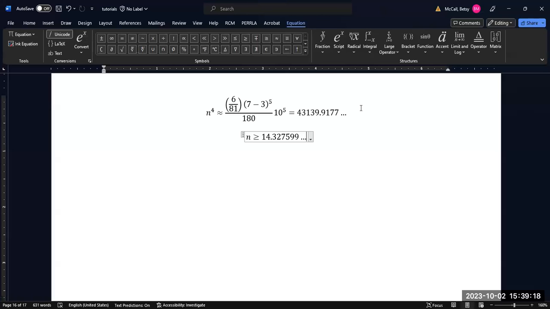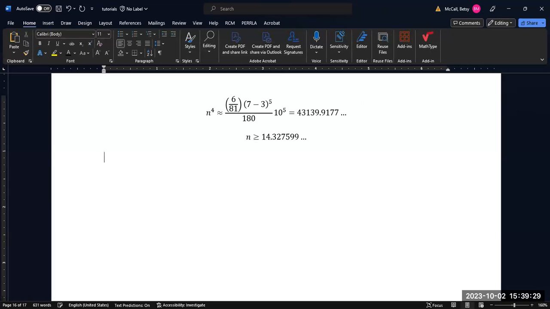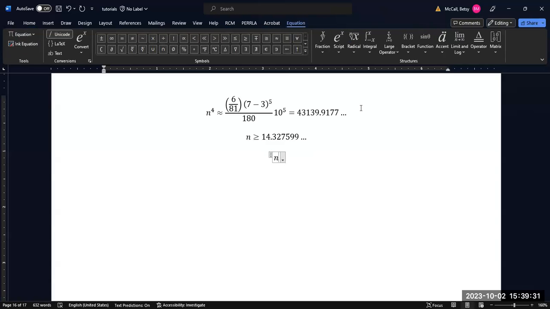Now, in the trapezoidal rule, we didn't care if we rounded up to an even number or an odd number. But in Simpson's rule, we have to have an even number. So in this case, it's not enough to round up to 15, because 15 is not an even number. We have to round to 16.